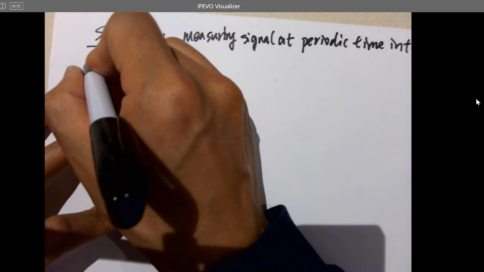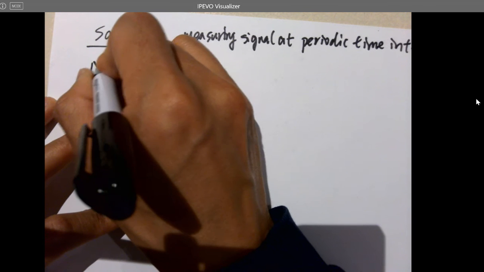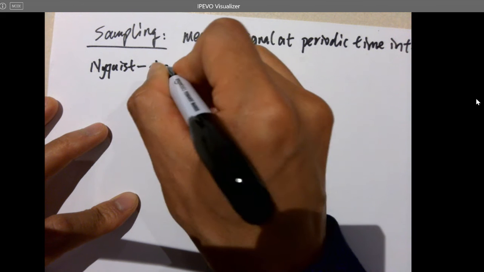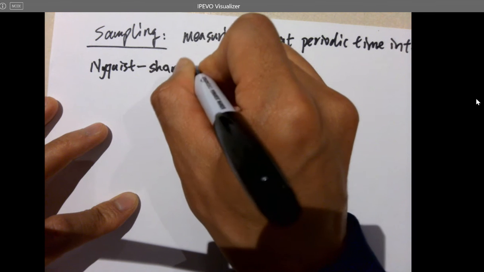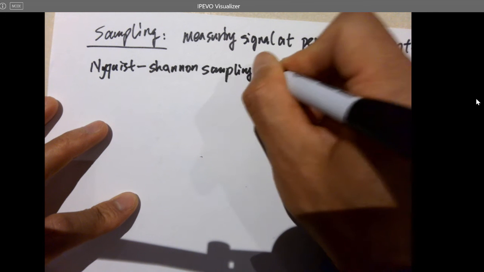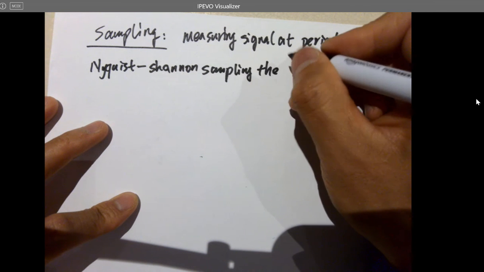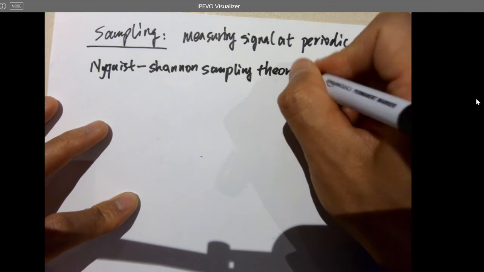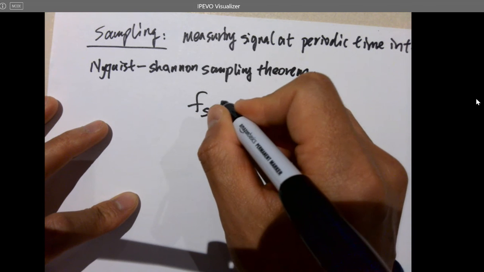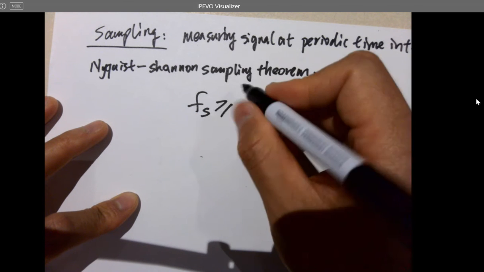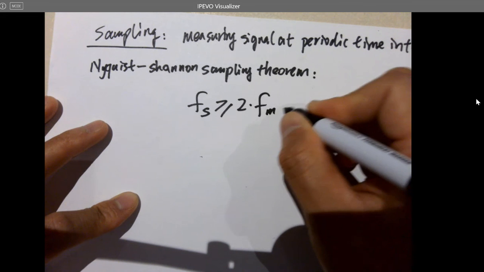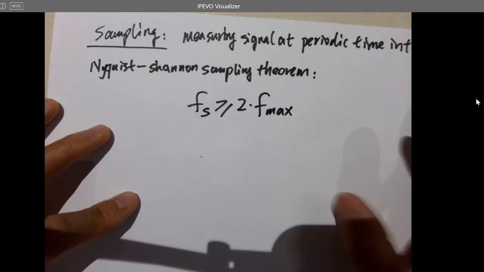And there's a theorem called the Nyquist-Shannon sampling theorem. The sampling rate has to be larger than or equal to twice the max frequency of the signal.